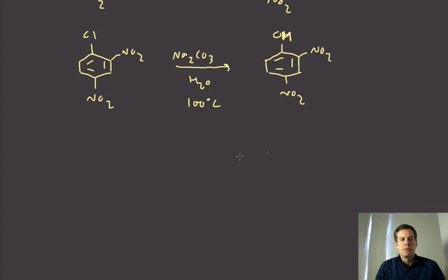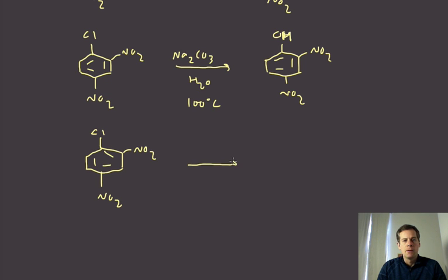And then I will just show you one final one. We could actually take that exact same substrate and we could actually treat this with ammonia, NH3, and we're going to apply some heat.